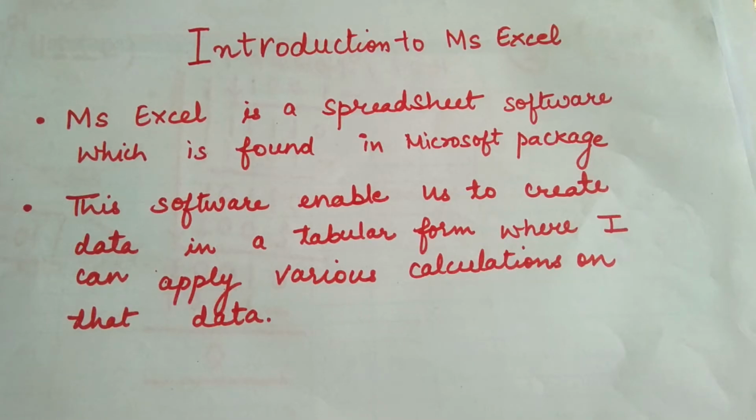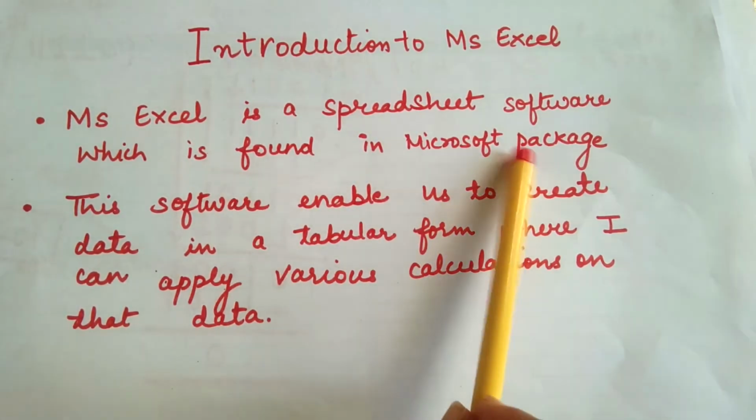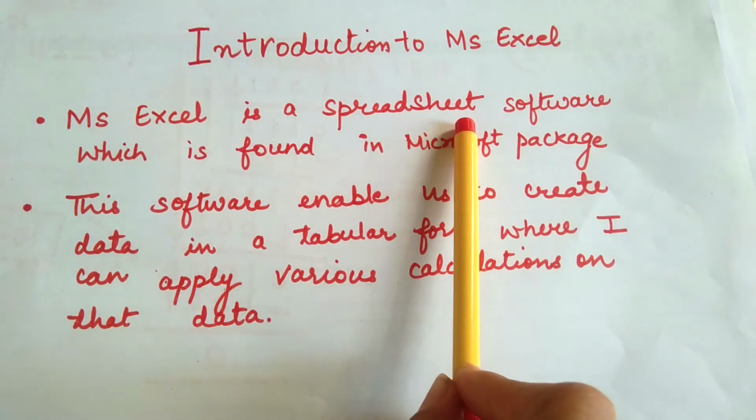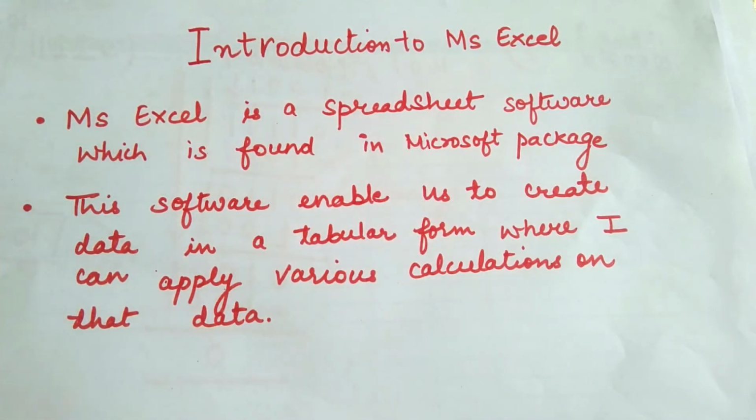Introduction to MS Excel. MS Excel is a spreadsheet software which is found in the Microsoft package. Now, what is spreadsheet software? Basically, a spreadsheet is a type of sheet that shows data in the form of rows and columns, right? The sheet that appears on the screen when you open the MS Excel application on your desktop or laptop is called a spreadsheet.